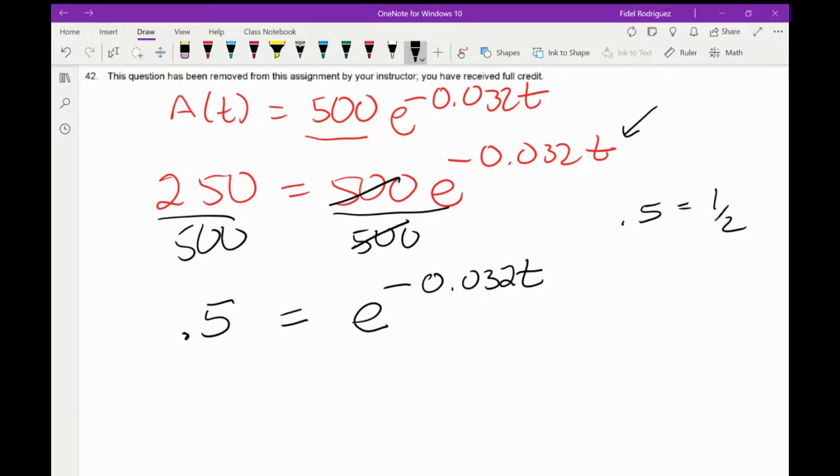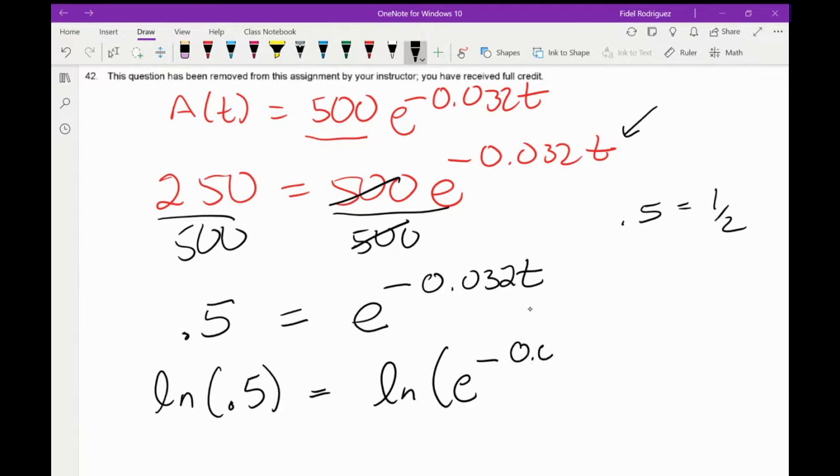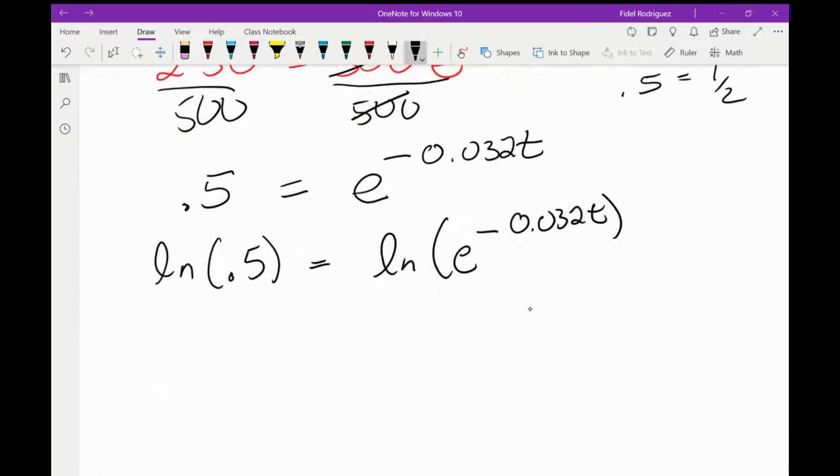Now, what I need to do is I need to solve for t. And the way I'm going to solve for t is I'm going to take something called the natural logarithm on both sides of the equation. So now this is going to be the natural log of 0.5. Now the natural log and the e are inverse operations of each other, so they cancel each other out.